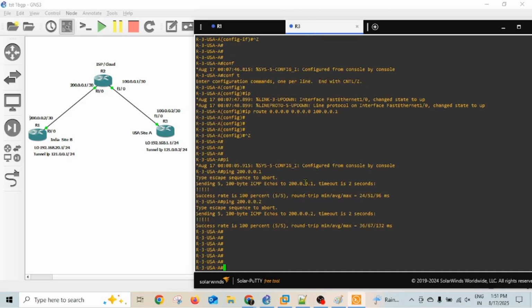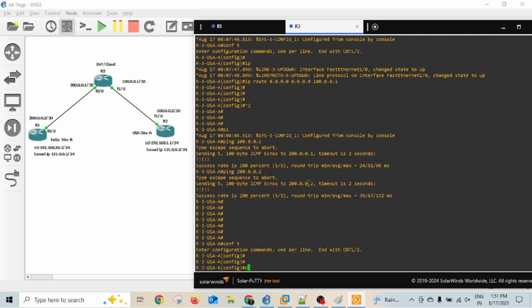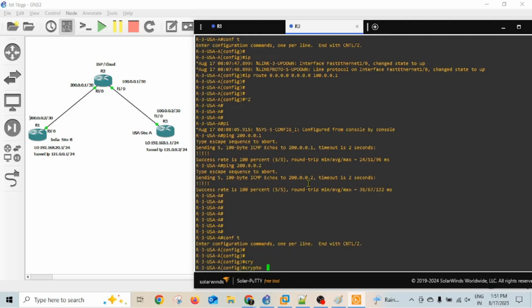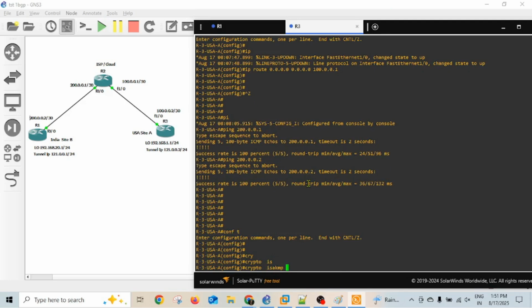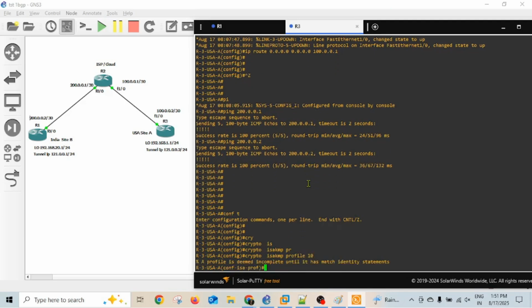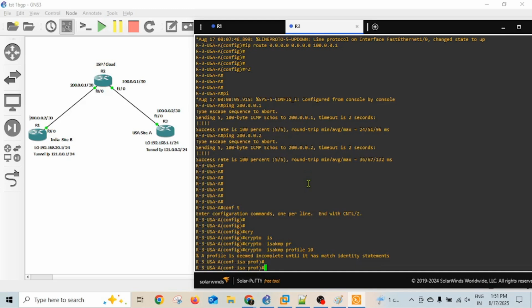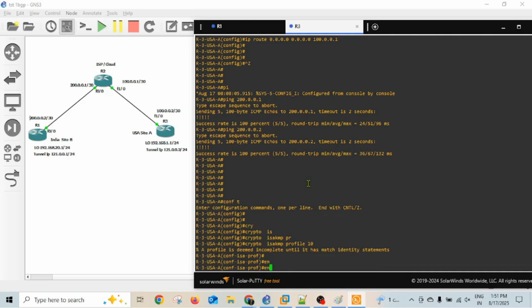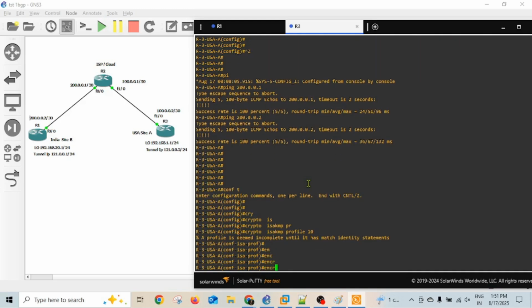So same here, we also configure terminal, crypto ISAKMP policy 10. What is the profile? It gives a warning: profile is incomplete until it has a match identity statement. Okay, it gives you a warning. So encryption.